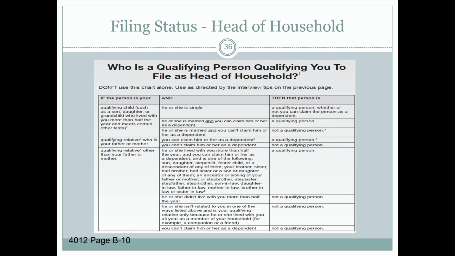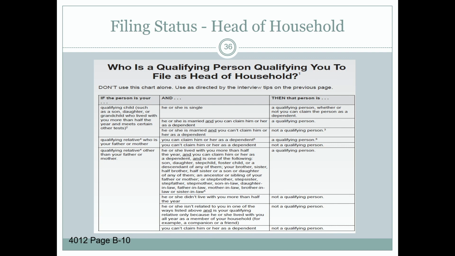First of all, they must have lived with you more than half of the year, and you have to be able to claim them as a dependent, and they have to be related to you in one of the many classes that are listed in that middle box there. And I think we've gone through that and tried to see who is excluded because so many relatives are included.